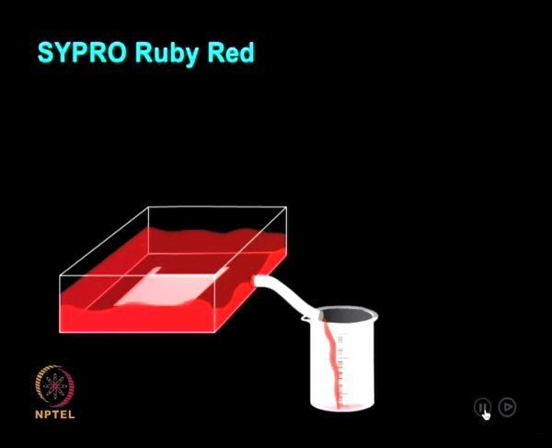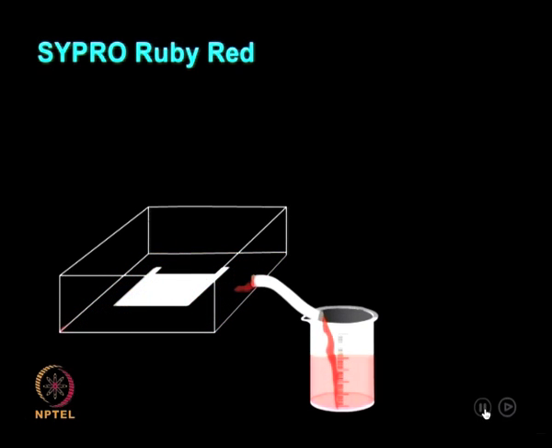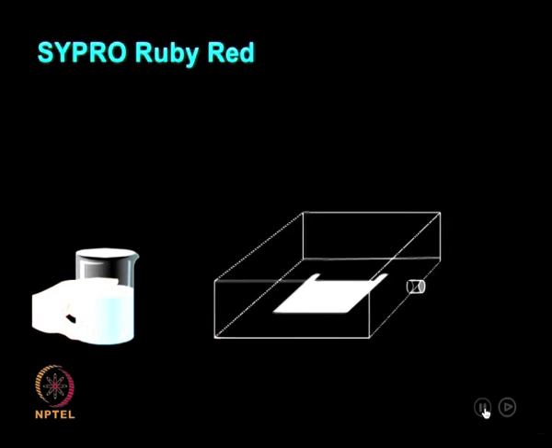After this overnight step of staining, the gel can be washed with methanol and acetic acid solution.